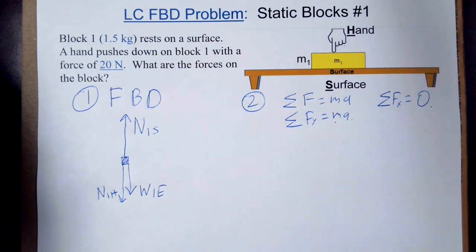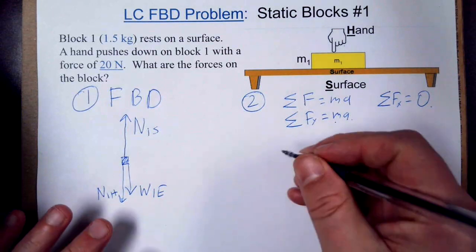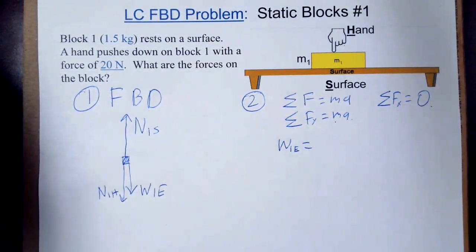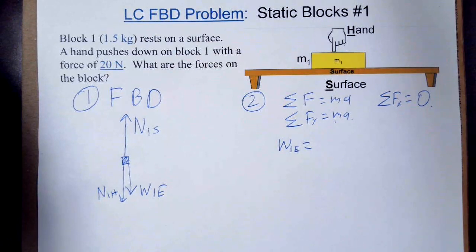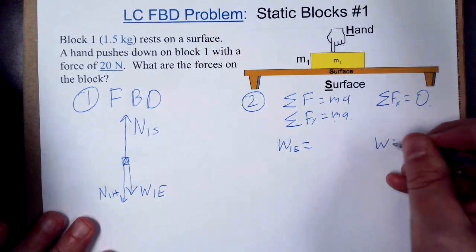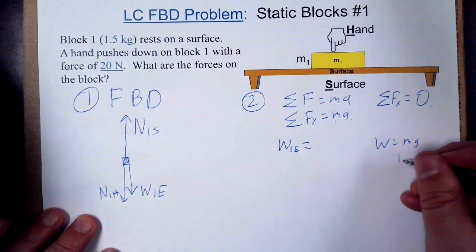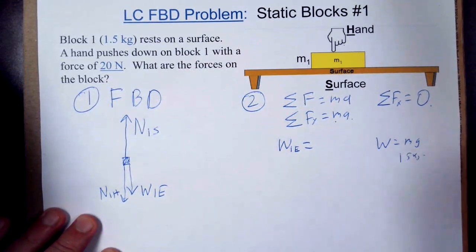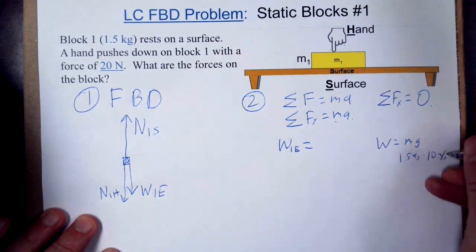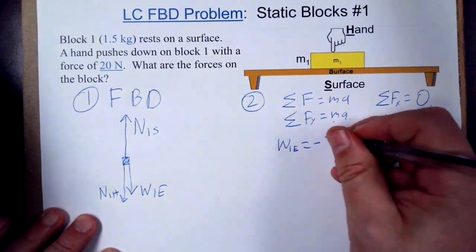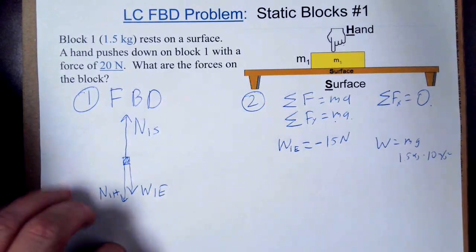All right, so to do this, let's identify the values of our forces. Our first force is weight 1e. The weight force is equal to mg. So our mass is 1.5 kilograms times 10 meters per second squared, so that's going to be 15 newtons, and this is pointing down.